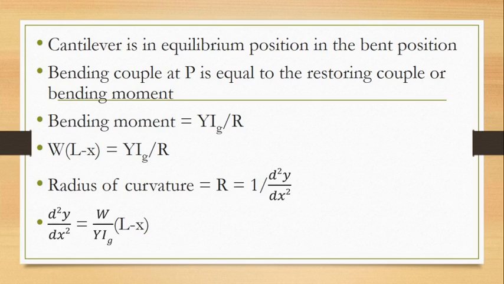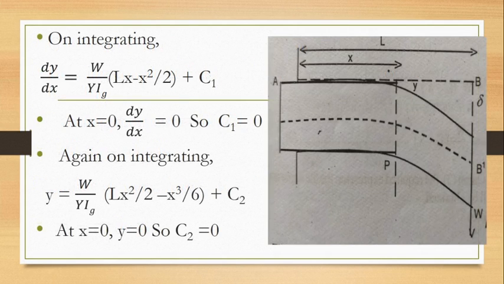So on integrating this equation, what we will get? We will get dy by dx, isn't it? On integrating this equation, we will get W by YIg into Lx minus x square by 2 plus C1, where C1 is the constant of integration.